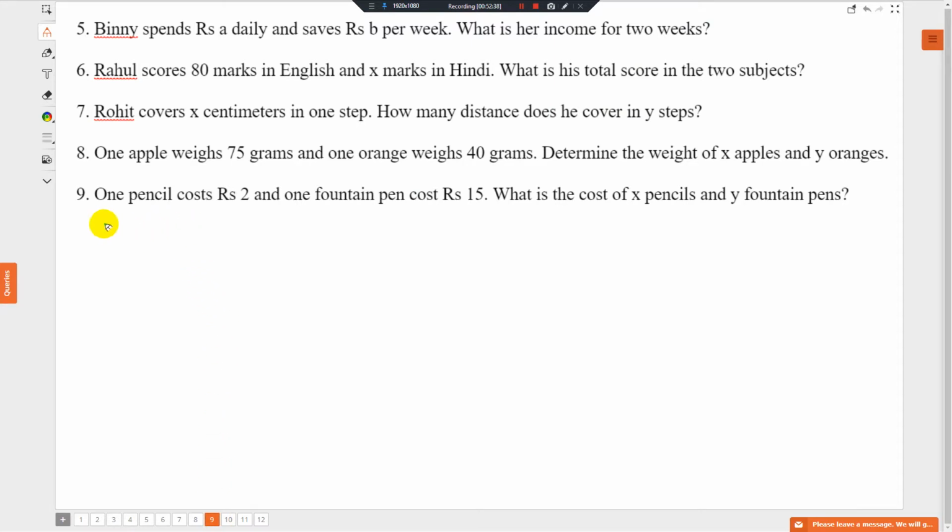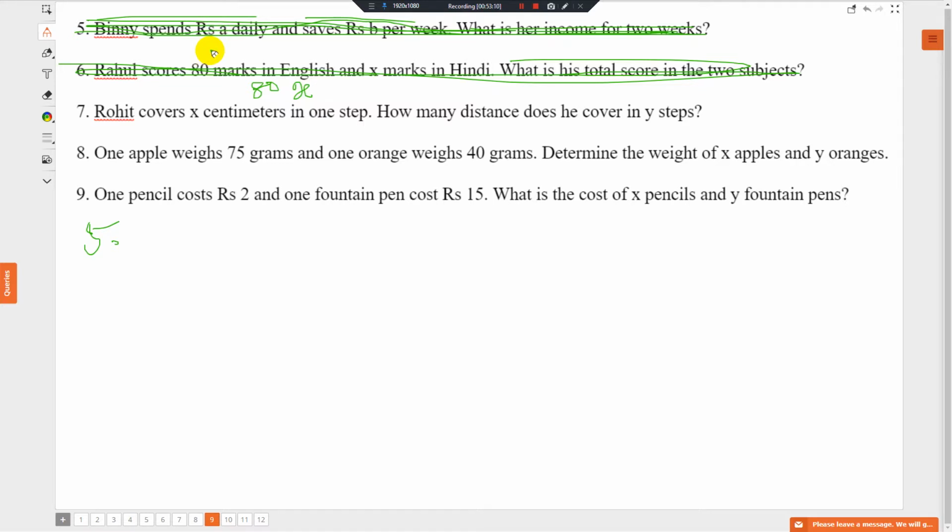Now in the fifth one, Binny spends rupees 8 daily and saves rupees B. Okay, this one we know, no need to do this. It is the same as that one. Rahul scores, this is also some addition which we know, which gives 80x.